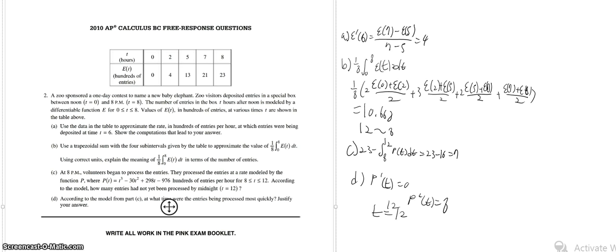D. According to the model from part C, at what time were the entries being processed most quickly? And justify my answer.